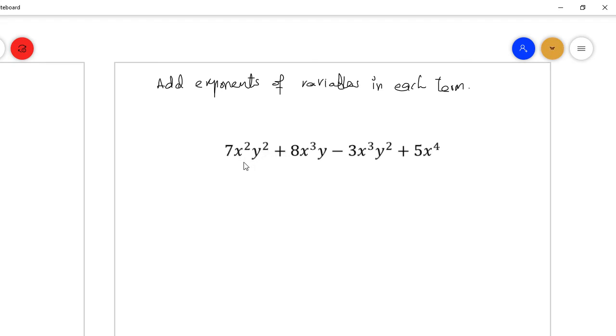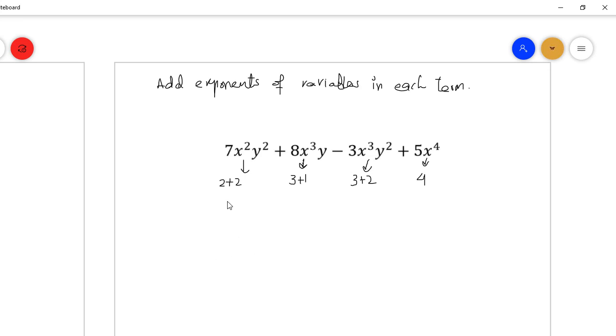In the first term, as there are two different variables x and y, the exponent of x is 2 and the exponent of y is 2, so we will add these two exponents. In the next term, the exponent of x is 3 and the exponent of y is 1. We will add them. In the next term, the exponent of x is 3 and the exponent of y is 2. And in the last term, there is only one variable, x raised to power 4, so we will write 4 separately.